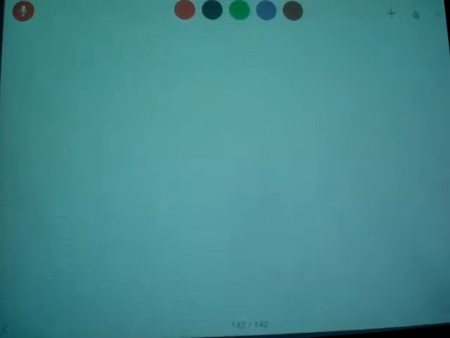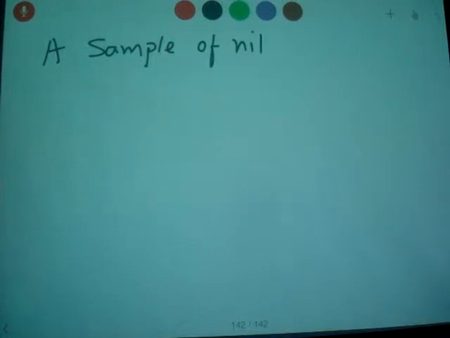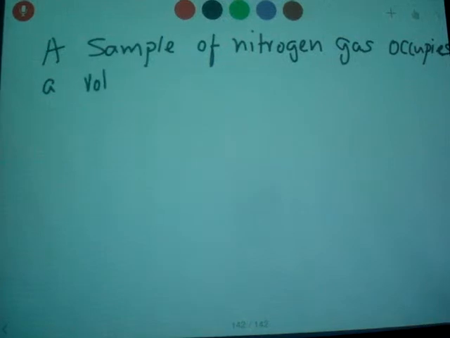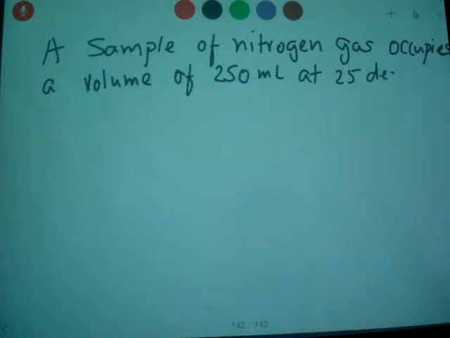A sample of nitrogen gas occupies a volume of 250 milliliters at 25 degrees Celsius.